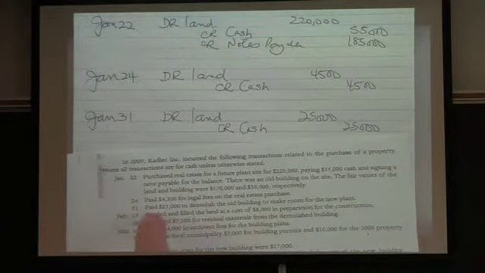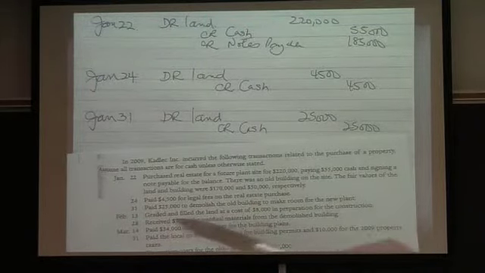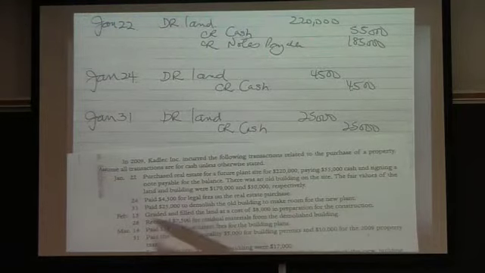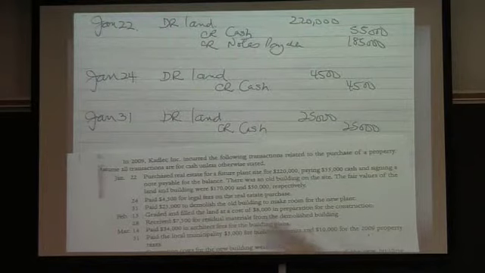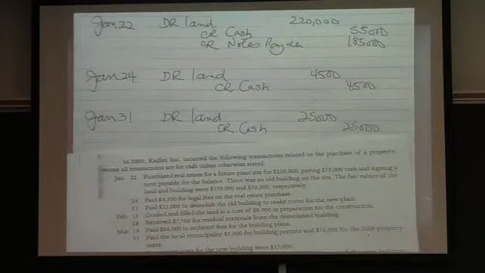So this is a really interesting transaction because the question is, the $8,000 grading and filling the land, is that because the land needed to be ready to be built on, or is that part of the cost of erecting the building, the cost of constructing the building? So you have to kind of decide what to do.